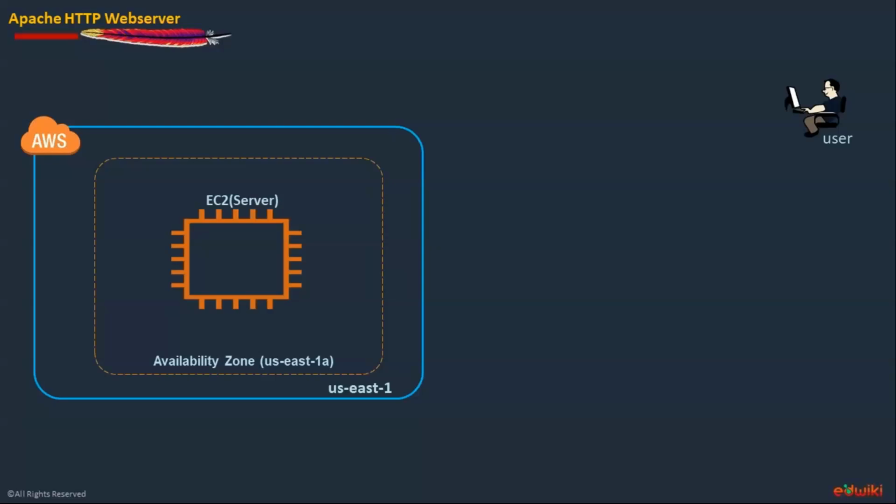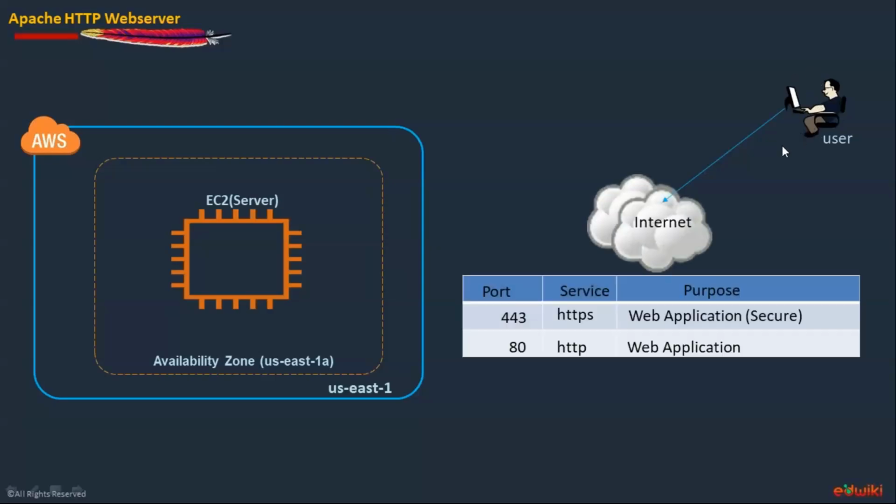As a user, we were able to access the SSH service running on the EC2 server, and that helped us log in, because the purpose of SSH is to give you login services. So here the user is trying to access a website from the browser. The user sends the request to the EC2 server, and then the EC2 server is going to respond back.